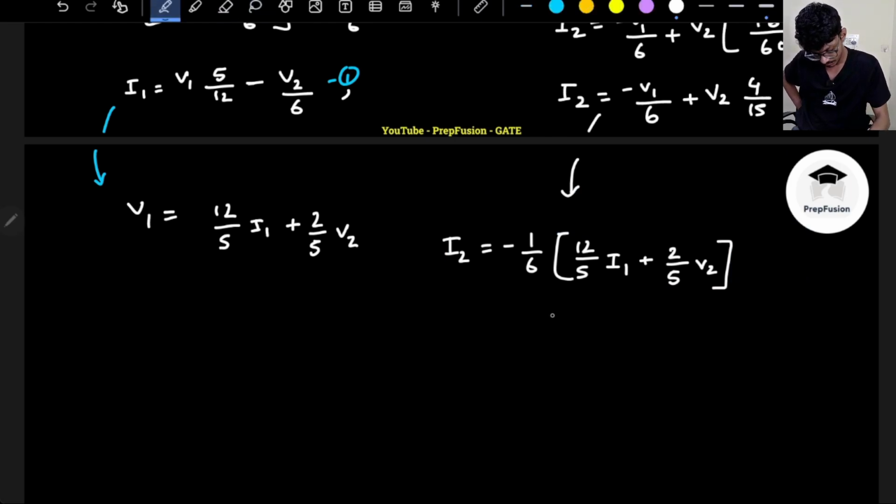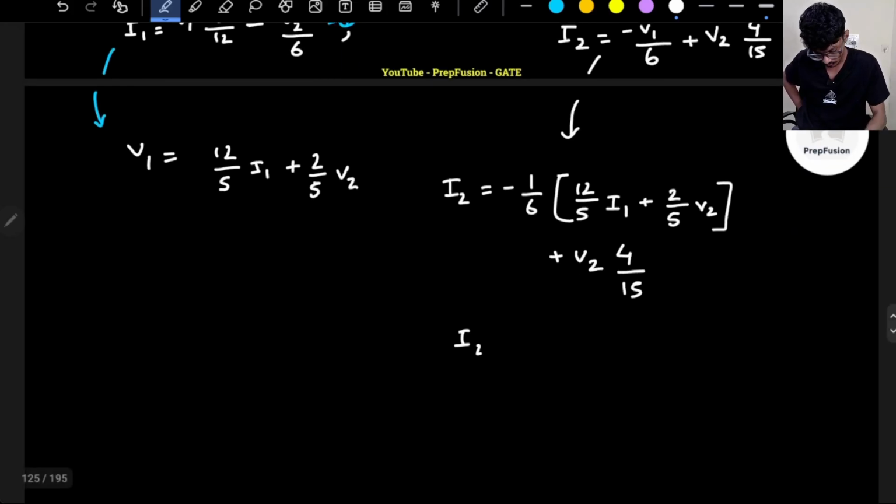Then plus V2 into 4 by 15 is obviously there. So this will be I2, minus 2 by 5 I1 minus 1 by 15 V2 plus V2 4 by 15.